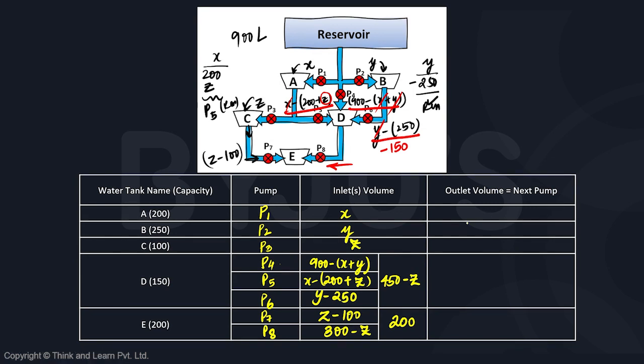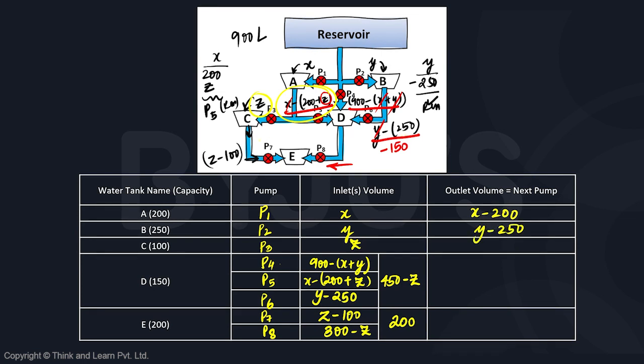Now, the outlet volume from A is two components. It is one this Z part, and then this x minus 200 plus Z part. If we add both of these, we will have x minus 200. Similarly, from outlet B, there is only one component going out, which is y minus 250.